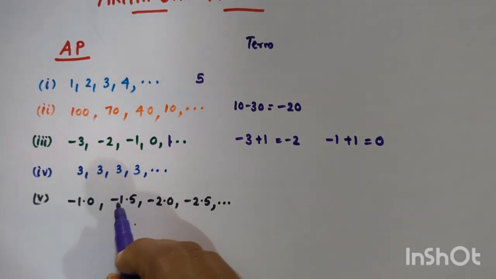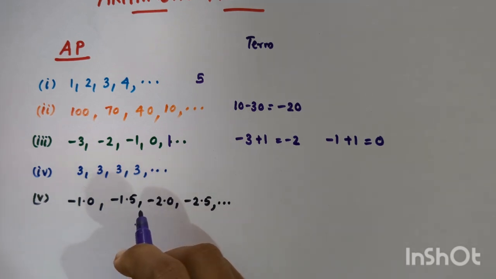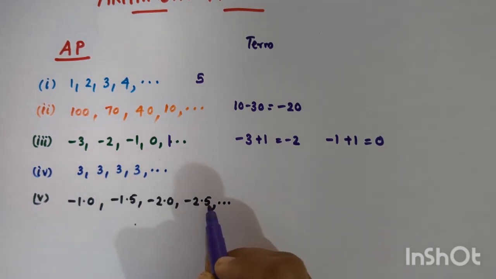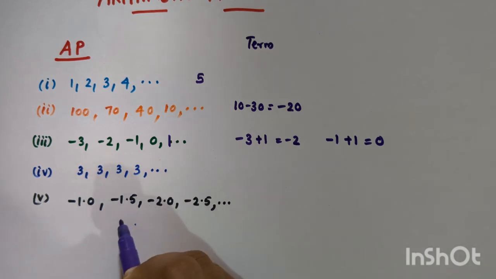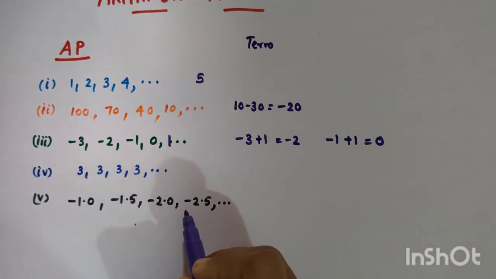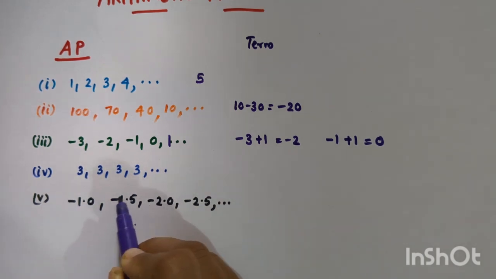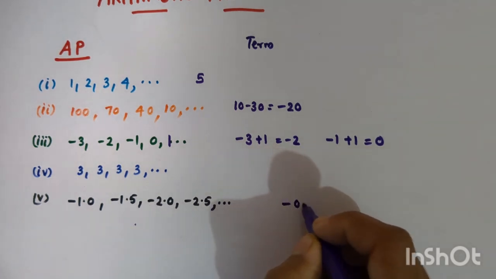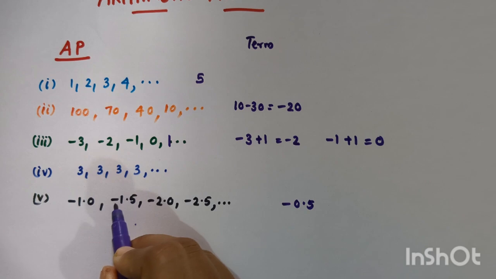Now let us see the fifth list of numbers. Here: minus 1.0, minus 1.5, minus 2.0, minus 2.5. So here you see, except the first term, each term is obtained by adding minus 0.5 to the term preceding it.